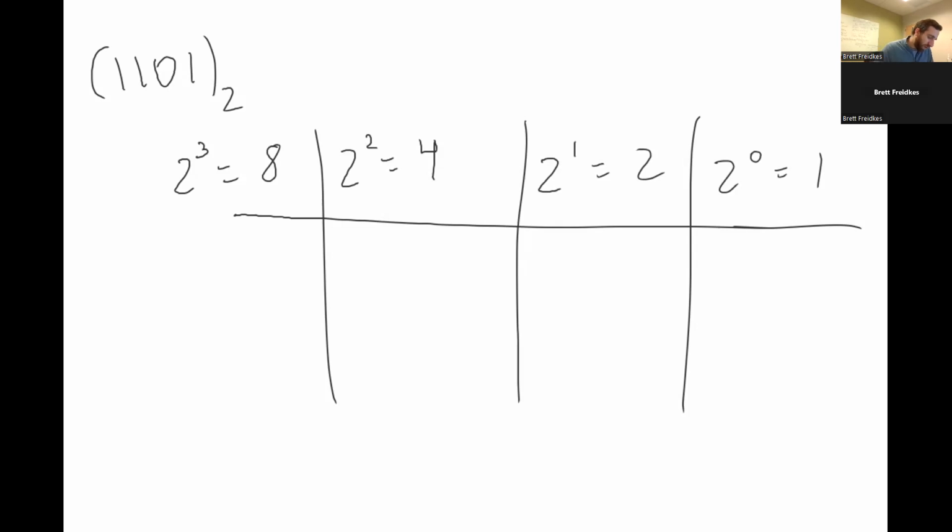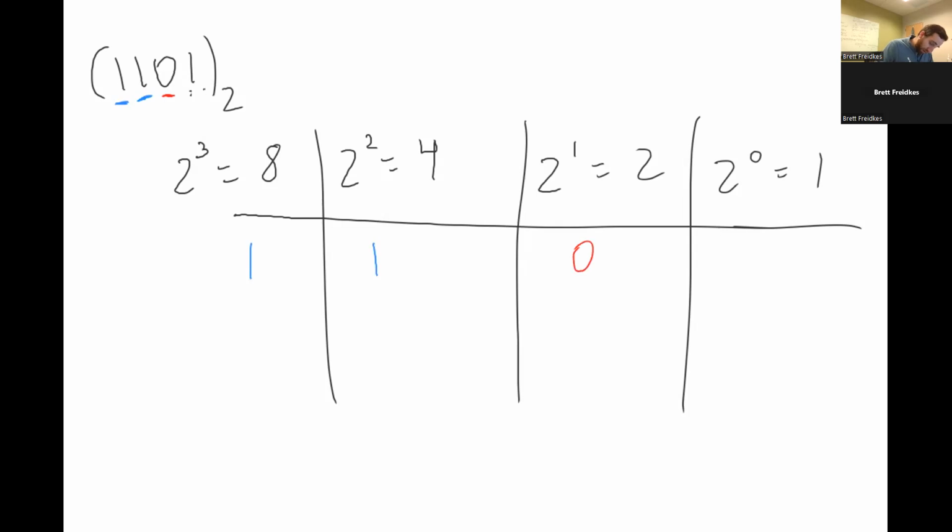So in this case, what we're asking is, do we have a group of that? Well, based on this number, I do have a group of 8. I have a group of 2 cubed. I have a group of 2 squared. Do I have a group of 2 to the 1? Nope. And do I have a group of 2 to the 0?